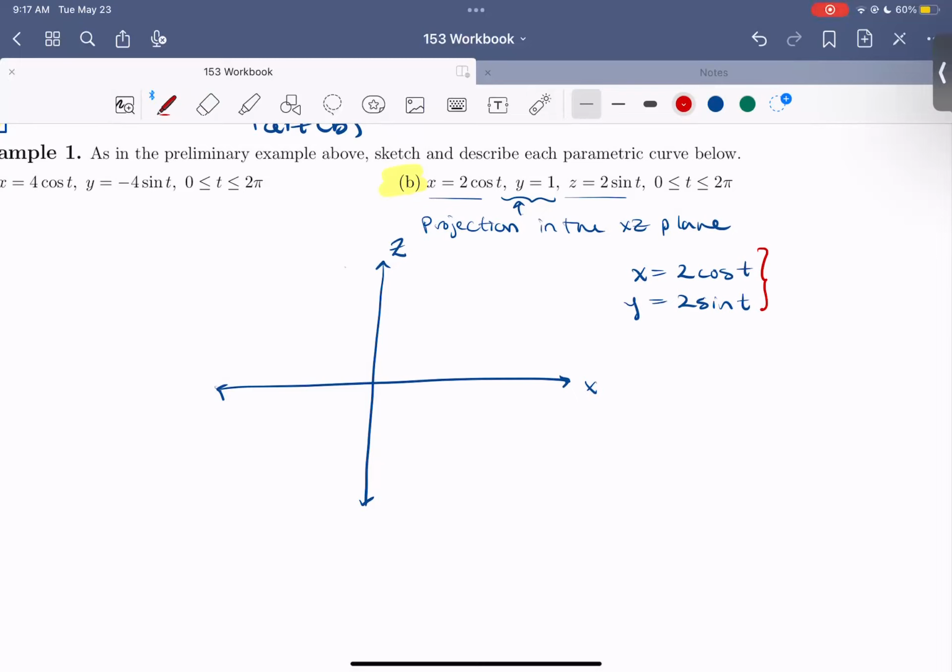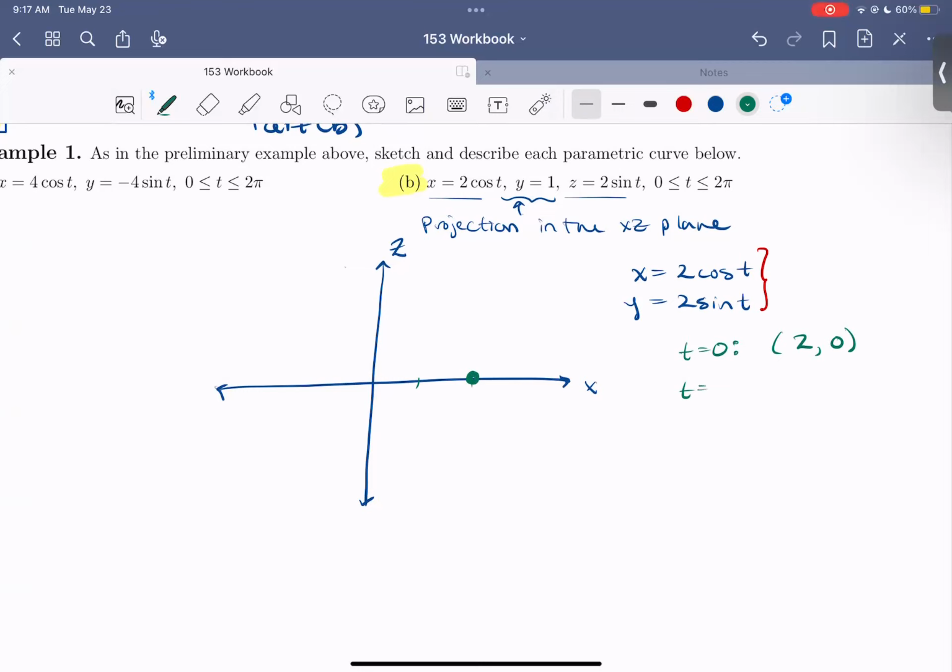Let's just compute a couple values to make sure that we are, in fact, on the right track. When t equals 0, cosine of 0 is 1, so x will be 2. Sine of 0 is 0, so y will be 0. So we should have the point 2, 0 when t is 0.